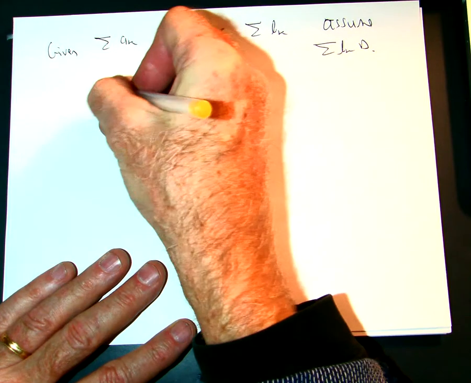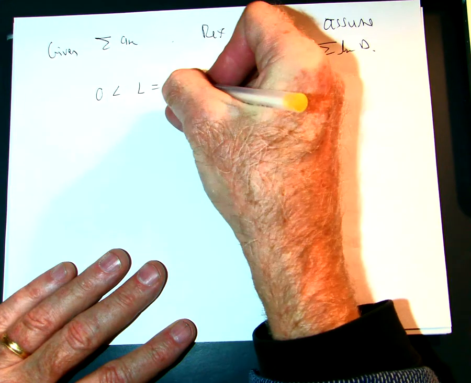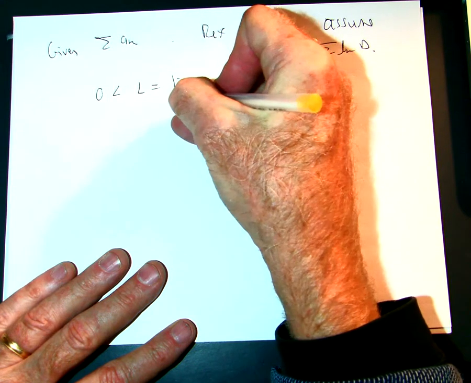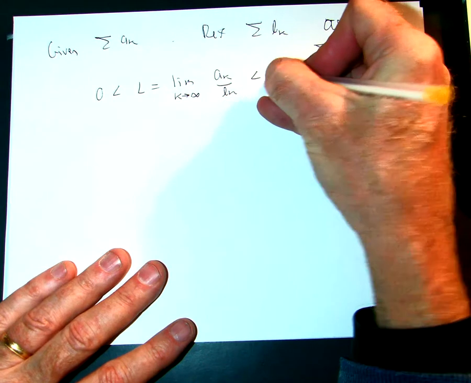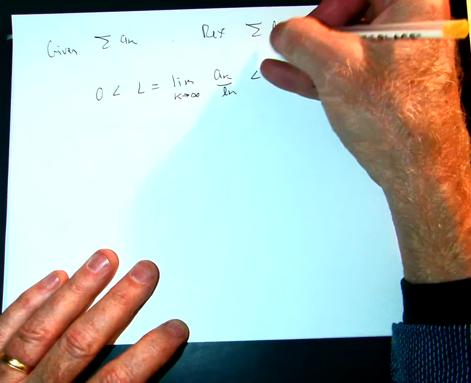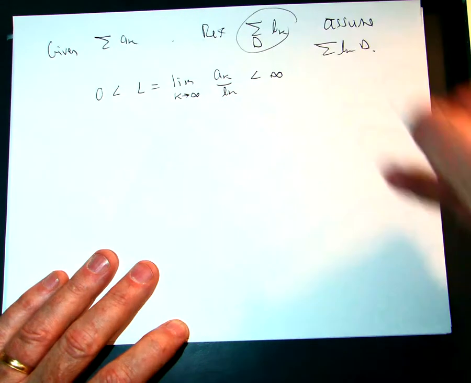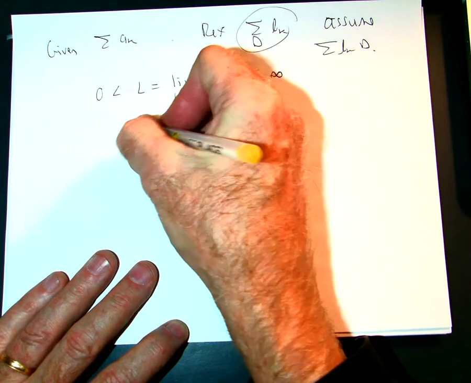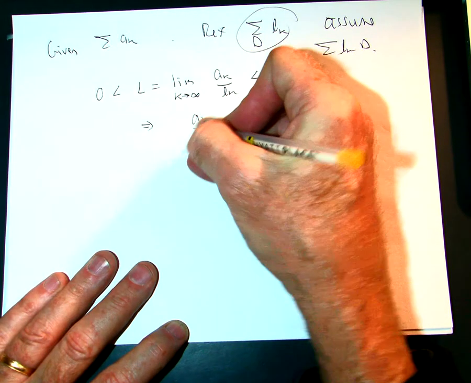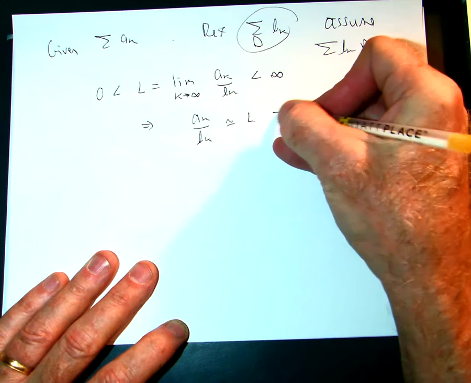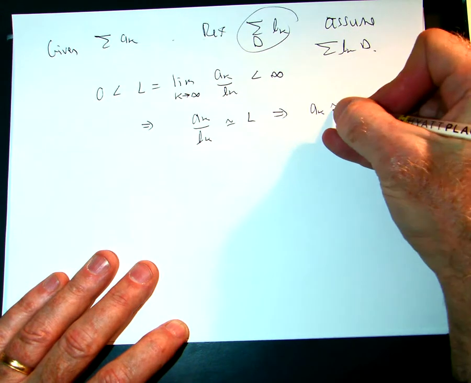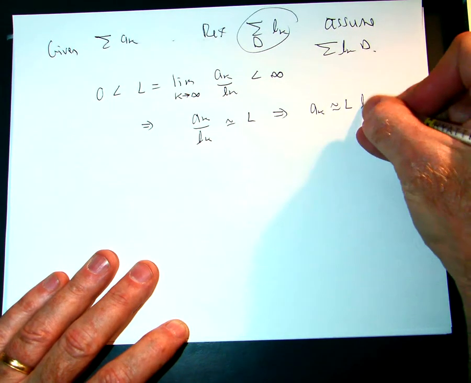So we take our limit, L, and we assume it's finite and positive. And we're saying that b_k diverges. So that tells us that a_k over b_k is about equal to L, and that tells us that a_k is about equal to L times b_k.